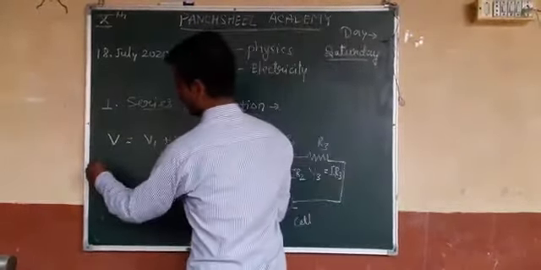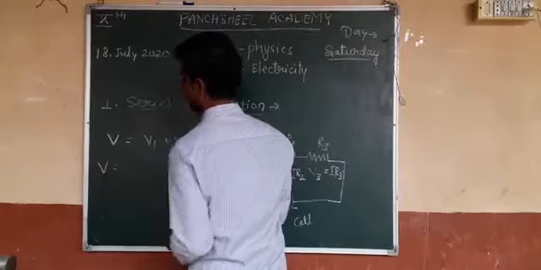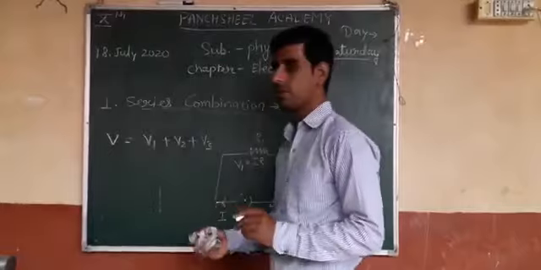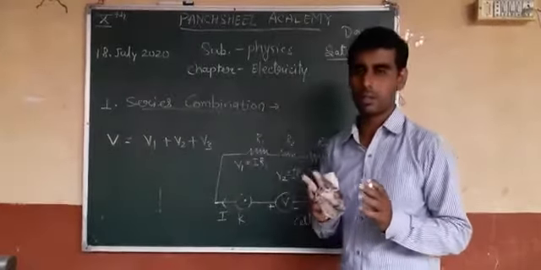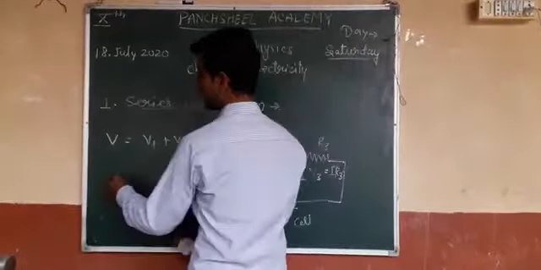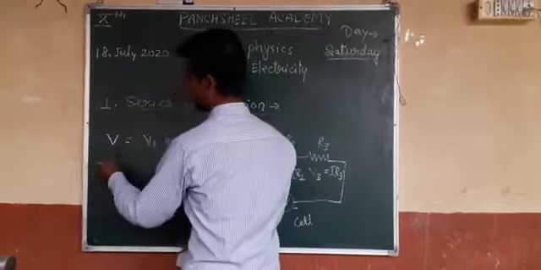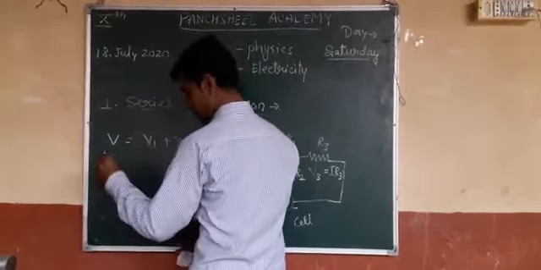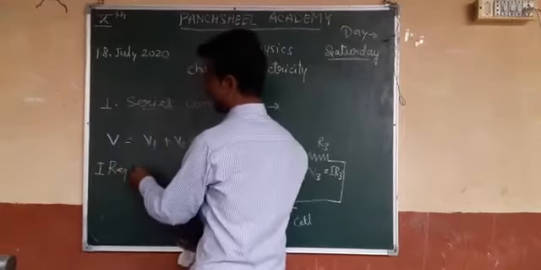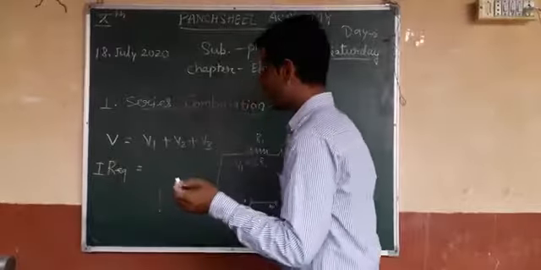Now V, voltage, equals resistance into current. The current is I and the resistance is R equivalent or R total.